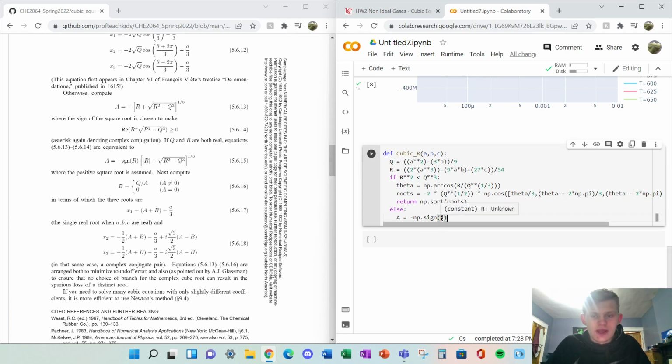So if r is -1 or a negative value, it will give a -1, and if r is a positive value, it would just give a 1. So what we want to do here is then separate another equation off, which will then have our absolute value of r plus, excuse me, then have our square root in here for the r.